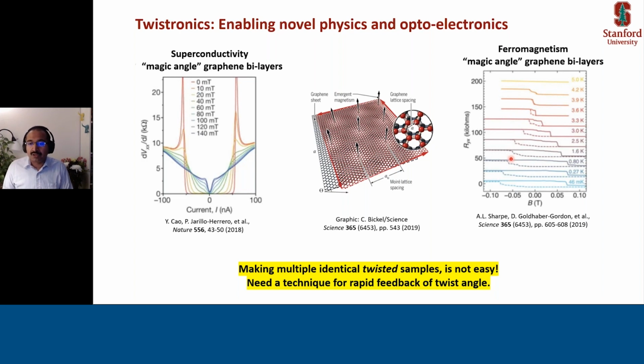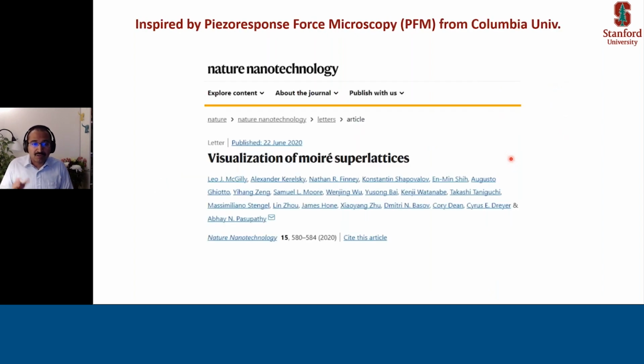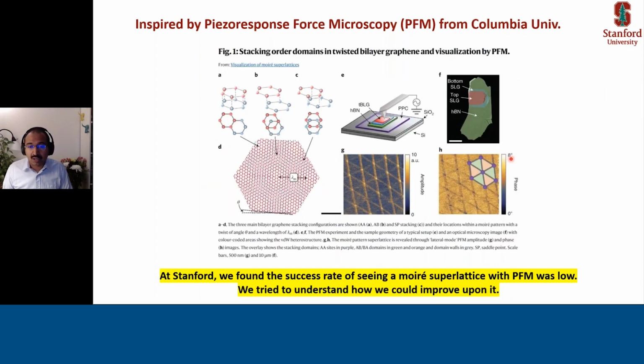That really opens up the door to a technique like torsional force microscopy. We were motivated by the work coming out of Columbia. This is also something that Bede shared, which demonstrated the use of piezo response force microscopy to image twisted bilayer graphene samples as well as other material systems.